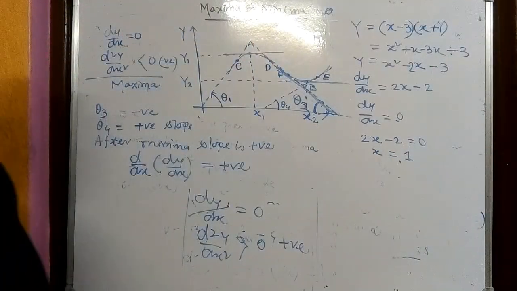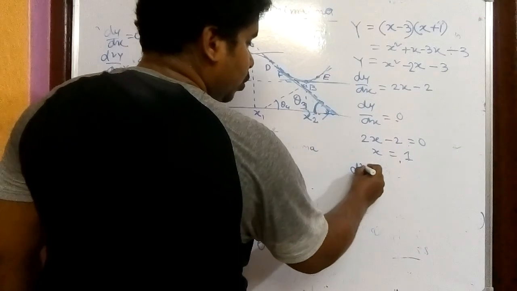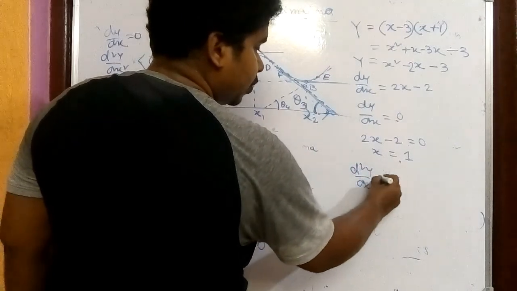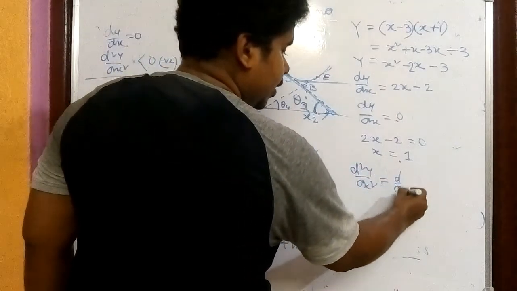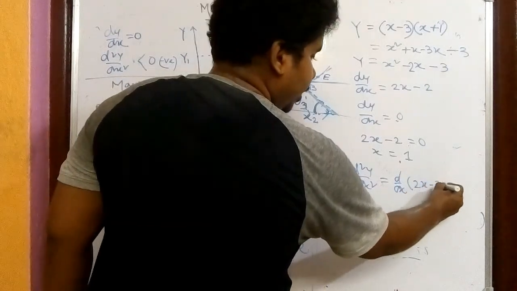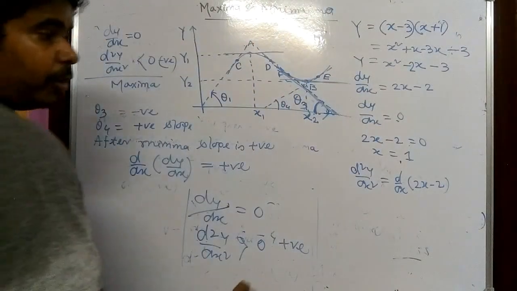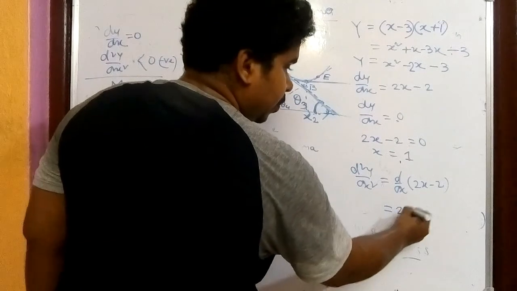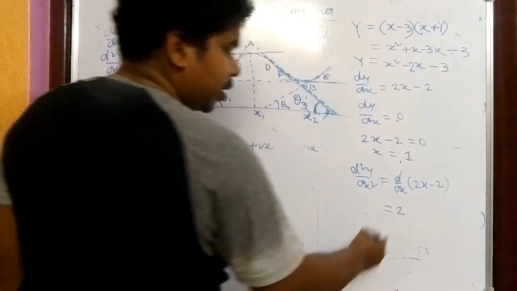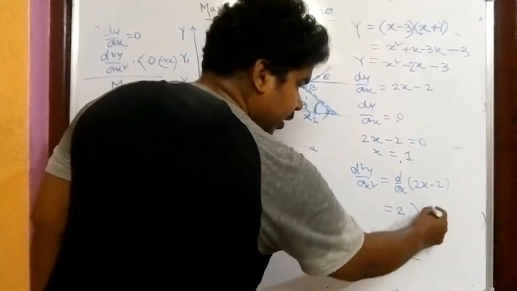Clear? Now find d2y by dx2, that means d/dx of 2x minus 2. If we find it, you will get 2, because the constant is 0, which is greater than 0.